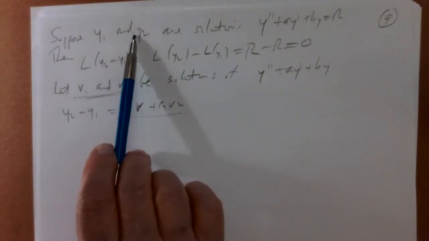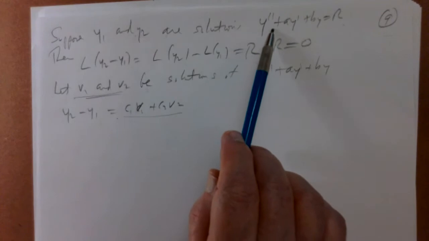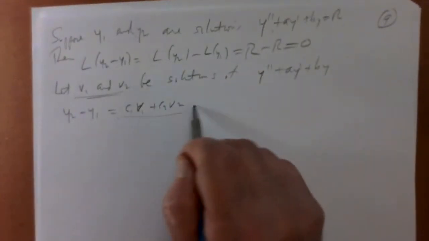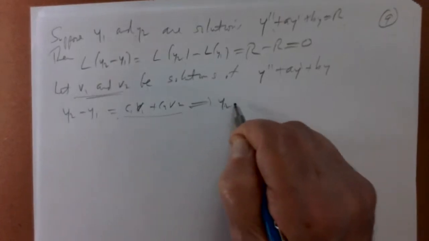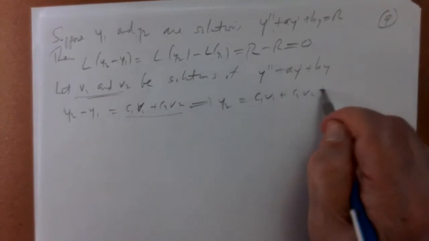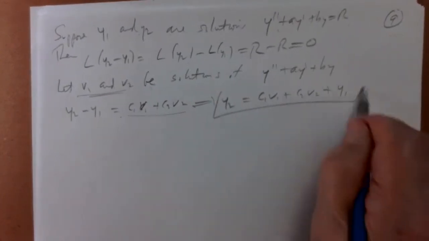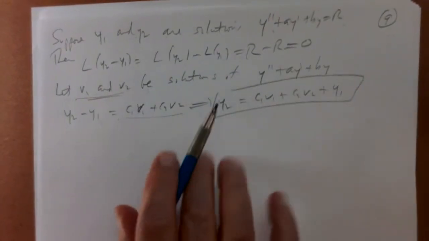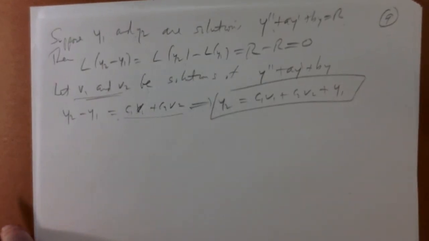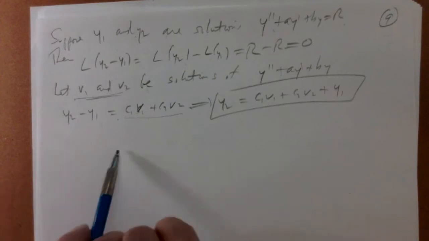If y1 and y2 are solutions of the non-homogeneous equation, then the difference solves the homogeneous equation, or in other words, y2 is equal to c1 v1 plus c2 v2 plus y1. So this is a very simple proof of a fundamental fact about linear equations.